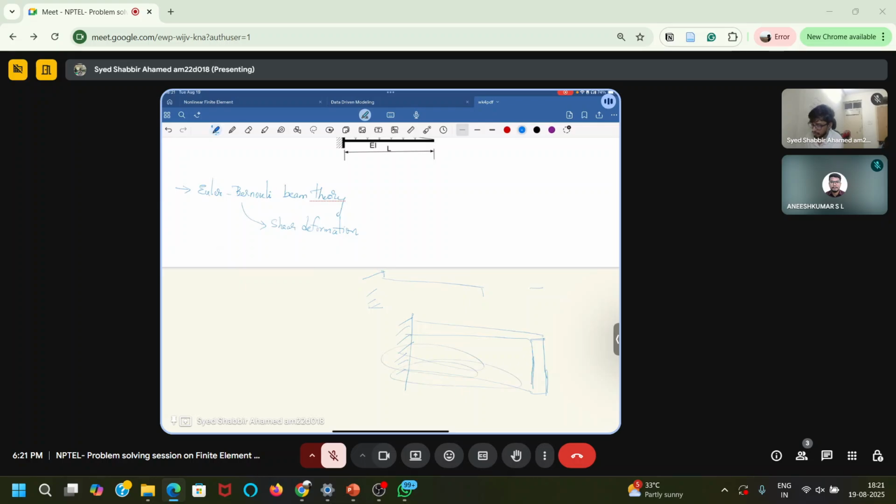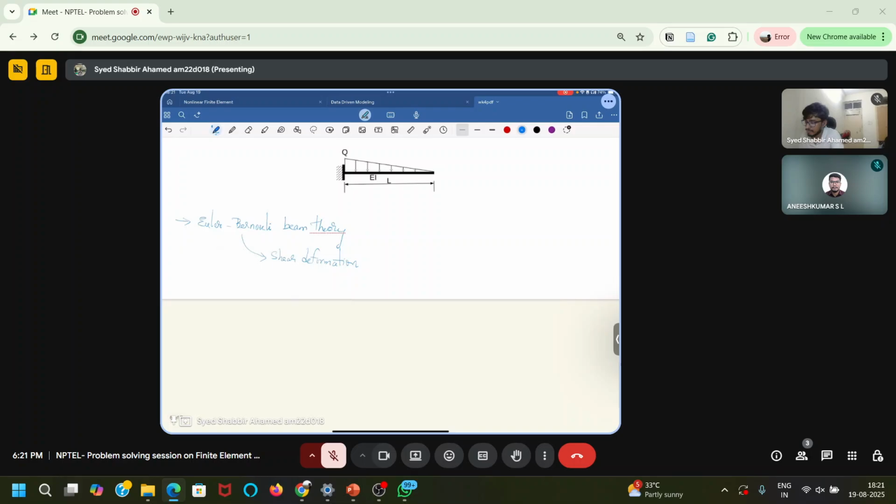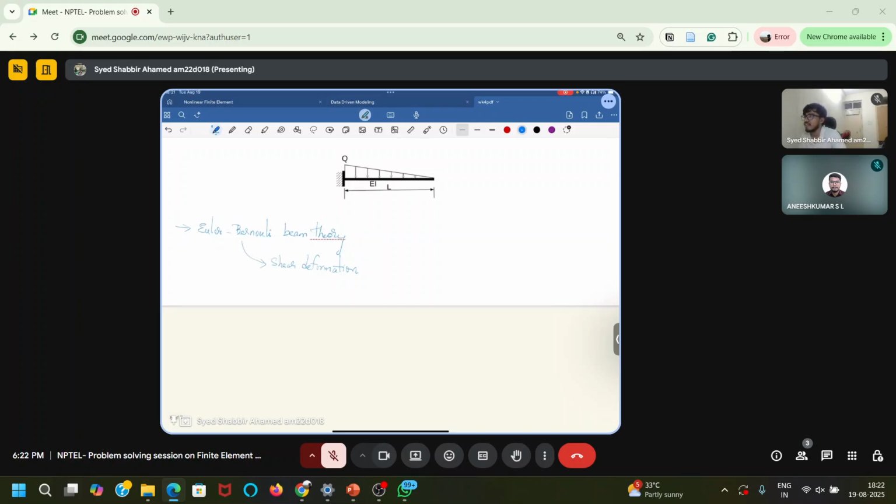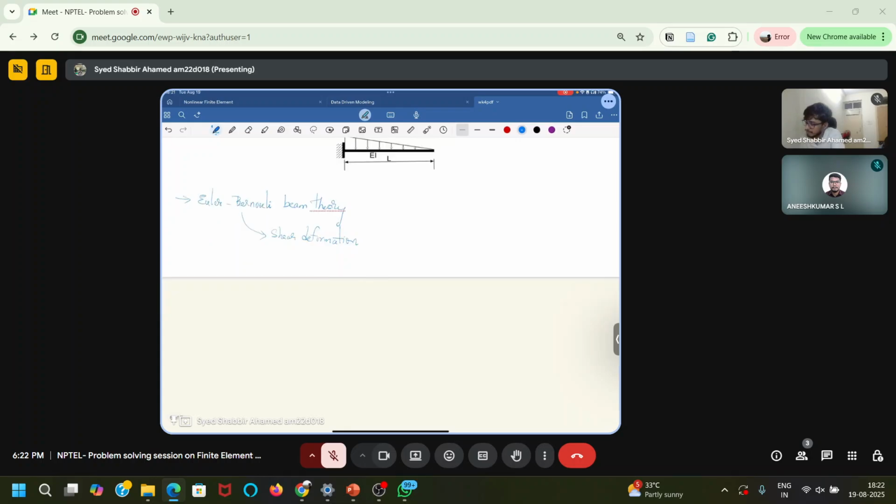So in variational formulation, the first thing we have to define is the potential energy, and then we try to minimize it in the variational sense. Okay.